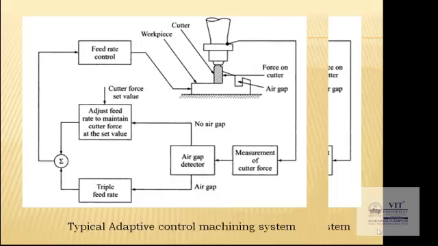So this is one control mechanism by which you can check the quality of your output, so the reliability of CNC machines nowadays is very high compared to conventional machines. What is the drawback in conventional machines? Accuracy.